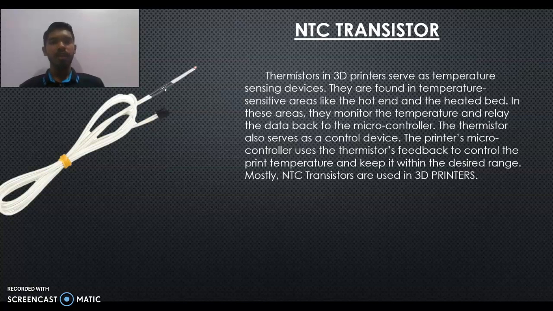The printer's microcontroller uses the thermistor's feedback to control the print temperature and keep it within the desired range. Most 3D printers out there now use NTC thermistors to control the temperature in the areas that need temperature sensing.